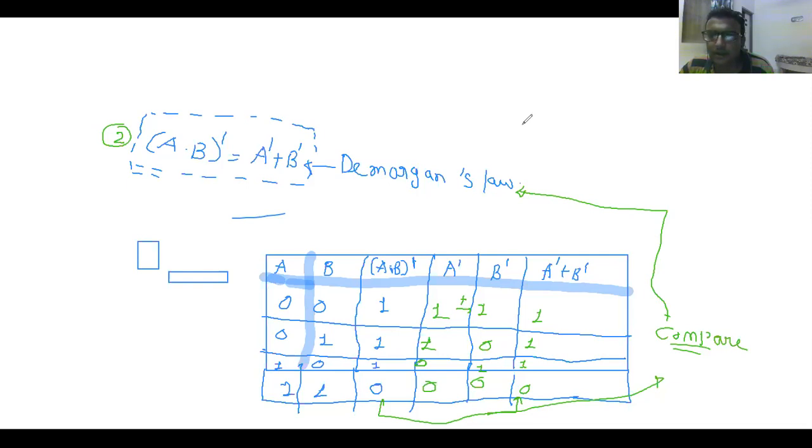Now we have solved the example related to basic fundamental law of digital electronics. F equal to function ABC, which consists of three variables.